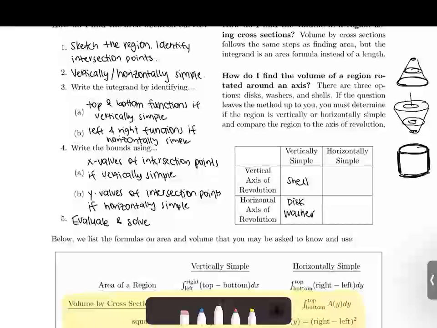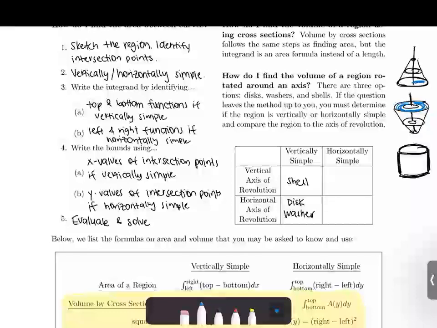So for example, with this middle picture, if our axis was here in the middle, then we have this hole because our region, I'm going to color here in blue, the region that we are finding the area of, was not touching that axis. The axis was in the middle of that hole, versus in our disc example, if our region was up here, the region we were taking was directly touching that axis.